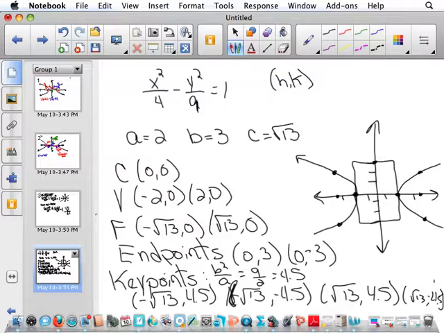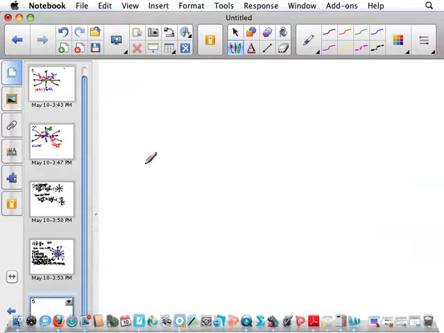Another thing we have to calculate is the asymptotes, which you will remember from a couple chapters ago. The asymptotes go through the corners of this rectangular box. The equation of the asymptote is in point slope form: y minus k is equal to plus or minus b over a times x minus h when it is opening left and right.